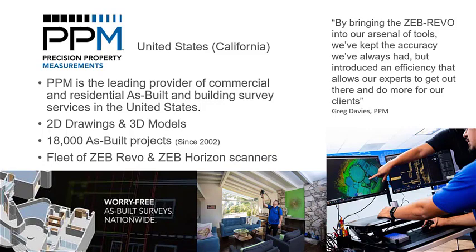So those are two examples of companies that are doing some great things with our technology and using it in a very simple and smart, intelligent way to add efficiency to their business and use that to drive more value.